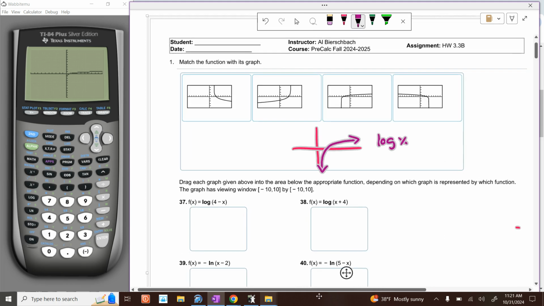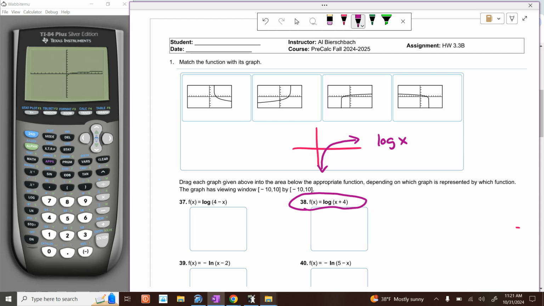So, the log of x plus 4 is the first one I want to look at. X plus 4 is the same as this, except for we move it 4 to the left. 4 to the left would be that one.